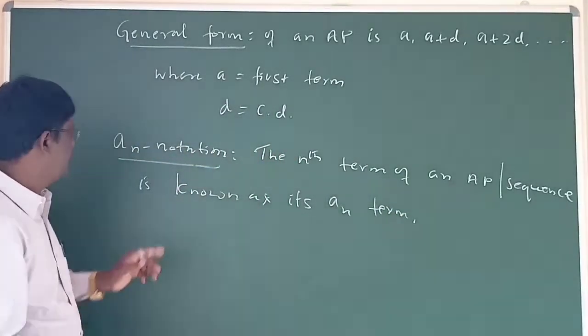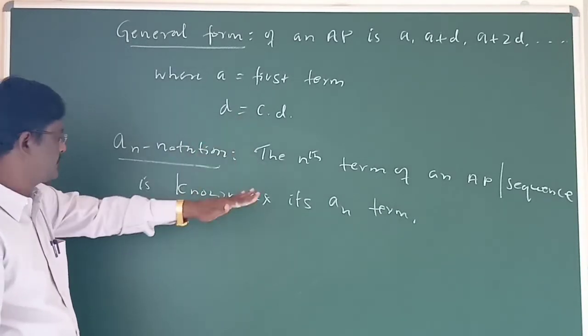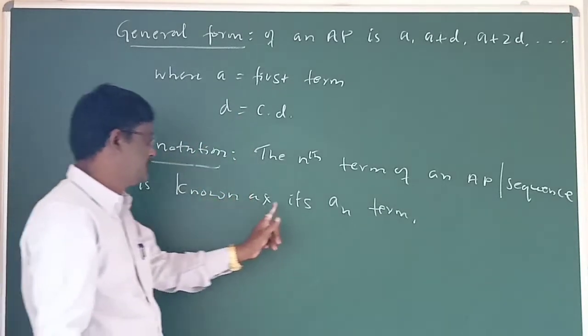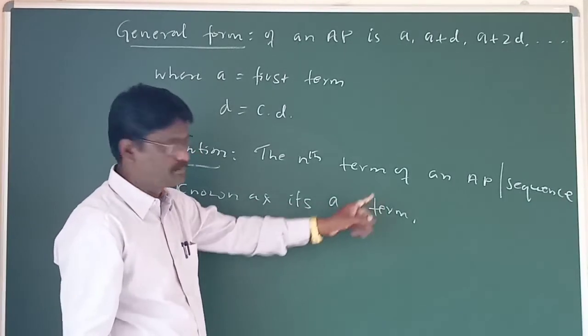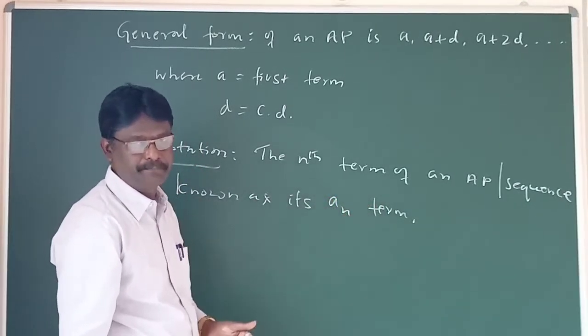Therefore, the meaning of AN notation is nothing but the nth term of a sequence is known as its AN term or nth term. That is the meaning of this symbol. Okay, children.